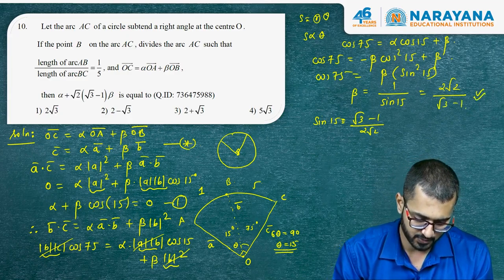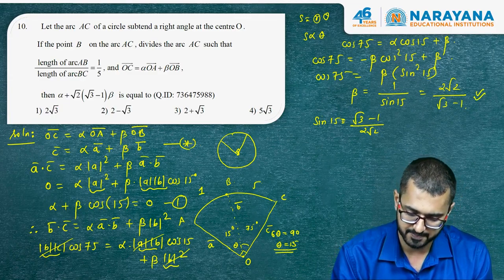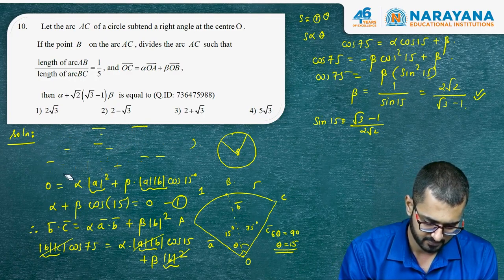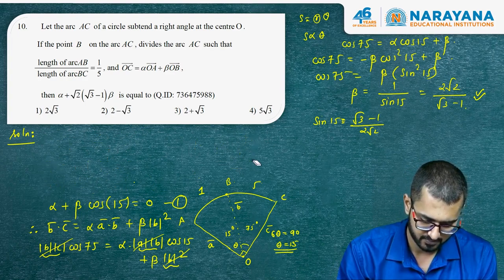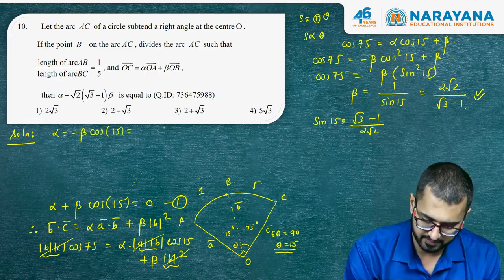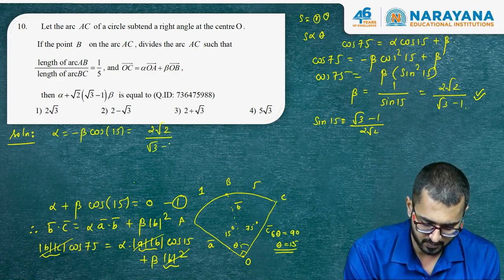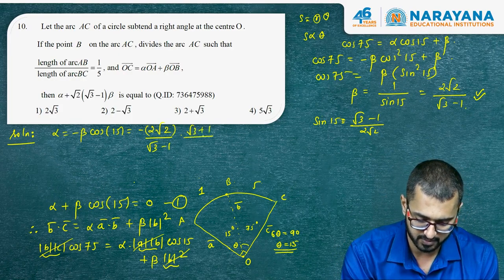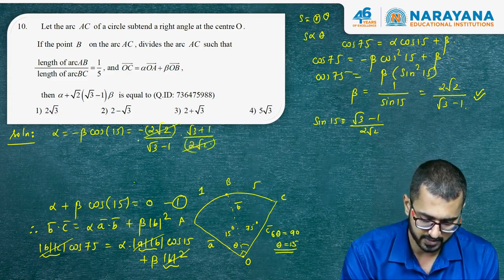And now we can use equation 1 to get the value of alpha. So alpha is equal to minus beta cos 15. Beta we have, it is 2 root 2 over root 3 minus 1 with minus, and cos 15 will again become root 3 plus 1 upon 2 root 2. So this 2 root 2 gets cancelled, and we have only minus of root 3 plus 1 over root 3 minus 1.